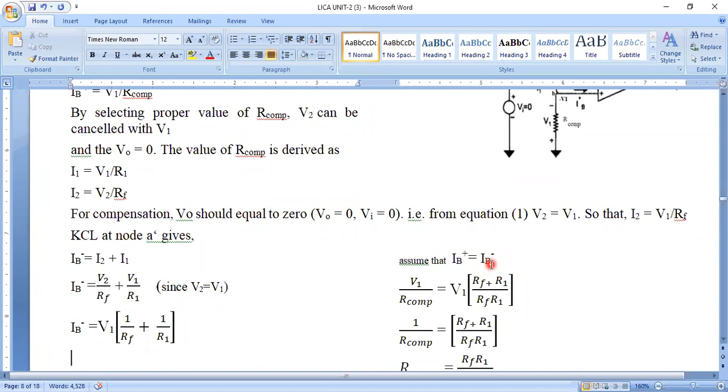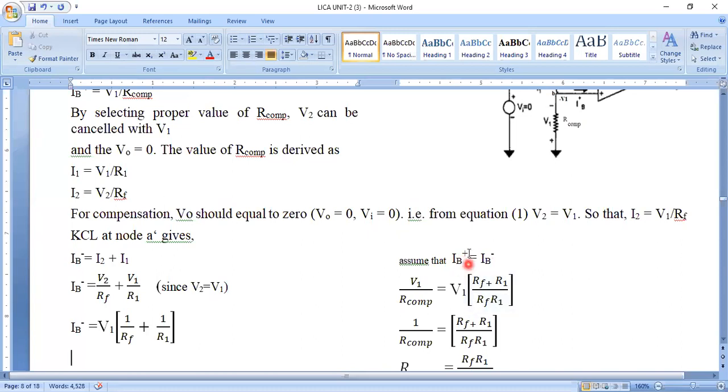If this ideal condition exists, what is the value of IB plus?